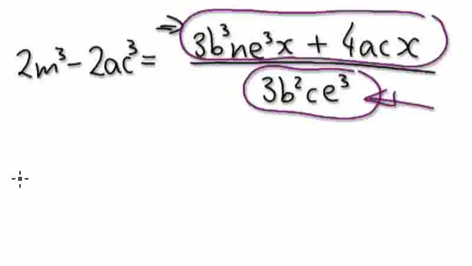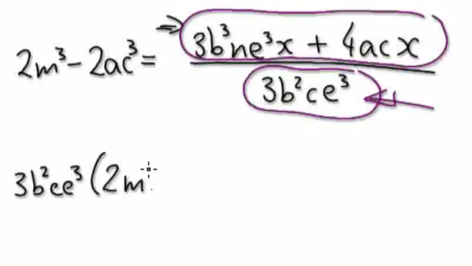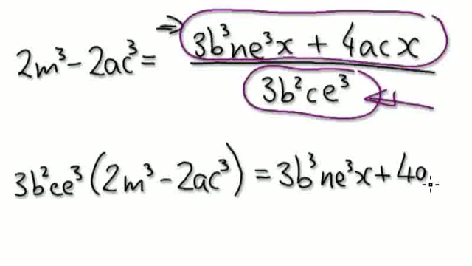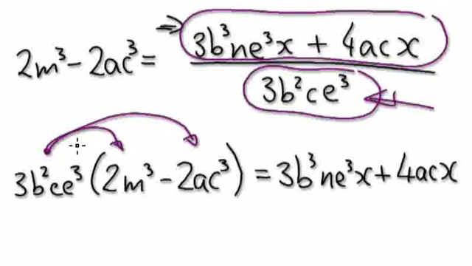So it will be 3b squared c e to the power of 3 times this, what's up here, 2m to the power of 3 minus 2ac to the power of 3, close it off, equals what's at the top up here, 3b to the power of 3 ne to the power of 3 x plus 4acx. You could now multiply this out, but let's not bother.